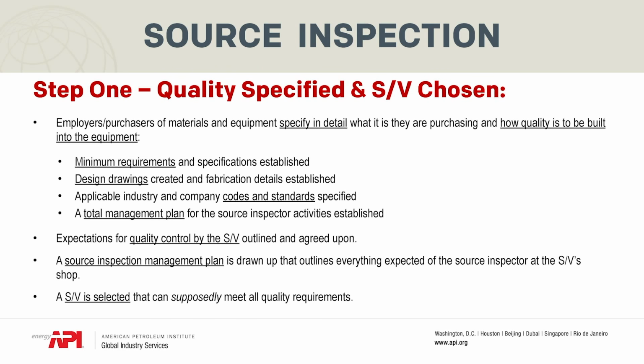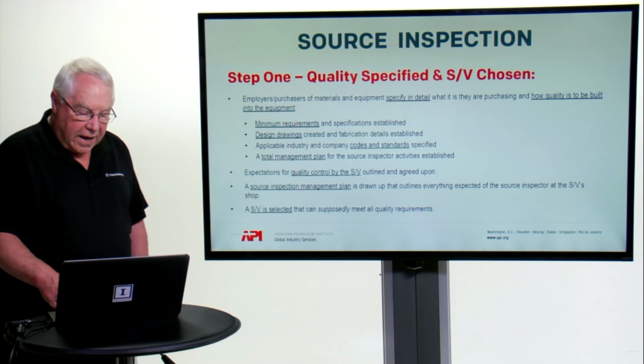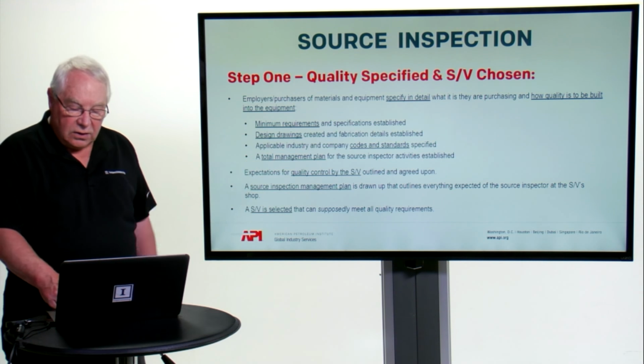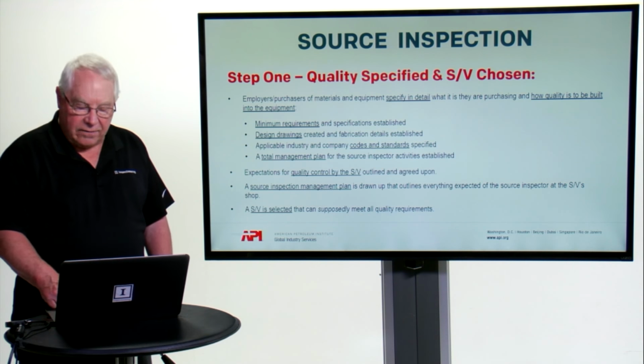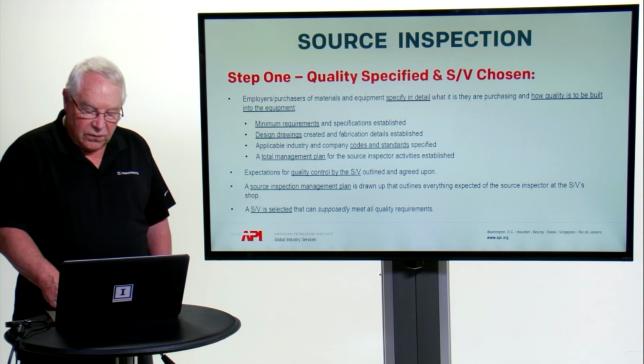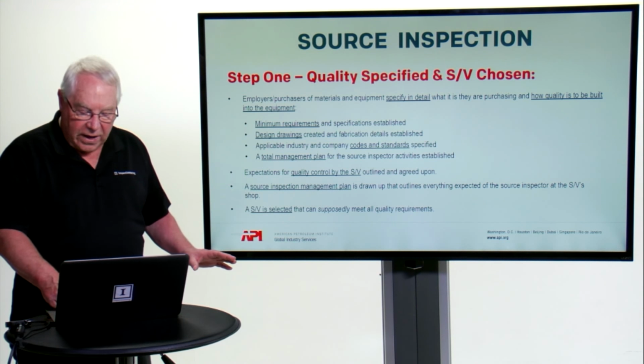This entails minimum requirements and specifications that need to be established, creating all the design drawings and the fabrication details, and the application of company as well as industry codes and standards that are involved in the quality process, and creating a total management plan for the source inspector to follow in the activities that he'll have in the fabrication shop. Also, this is where expectations for quality control by the supplier vendor are outlined and agreed upon.